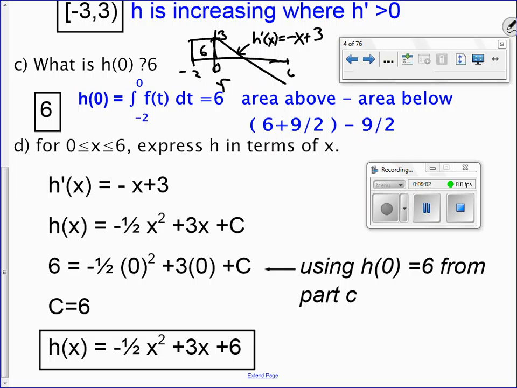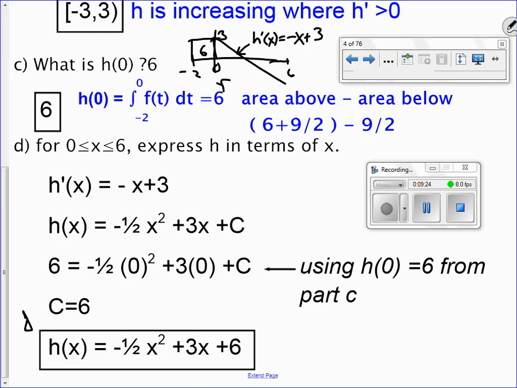If you remember in this other part, we figured out h of 0 is 6. Well, 0 is in this interval. So we'll use the point (0, 6) to figure out c for h of x, because (0, 6) is a point on the graph of h of x. So you plug in the 6 and the 0 and solve for c.